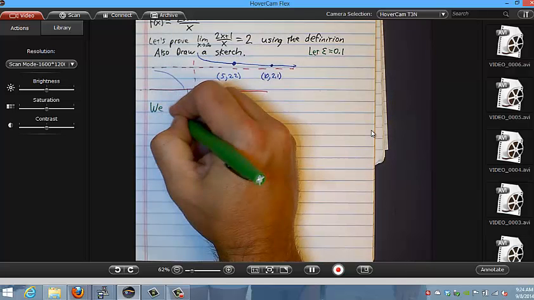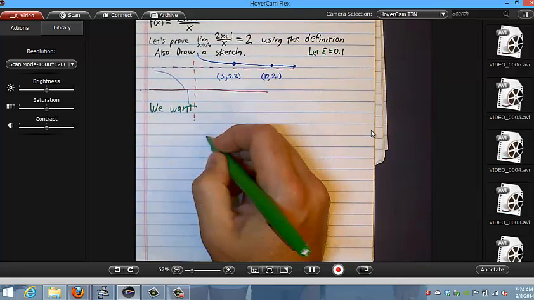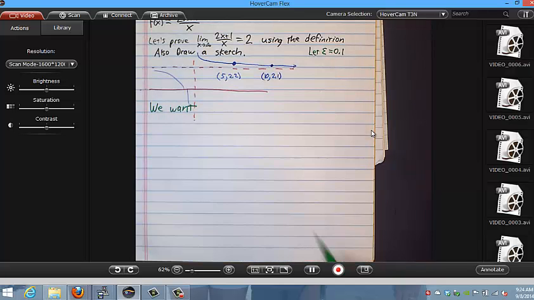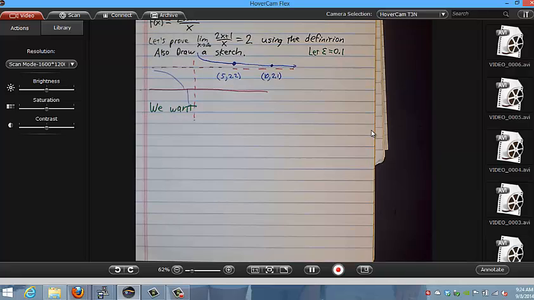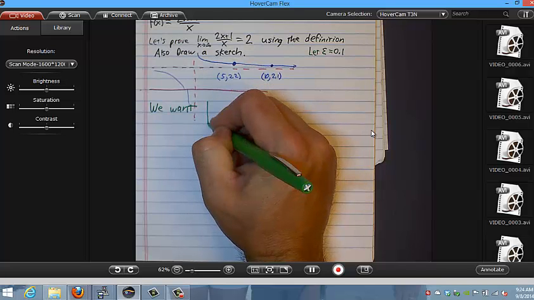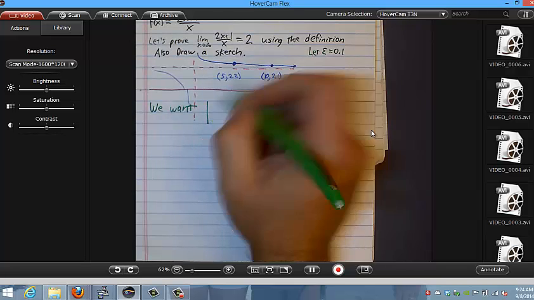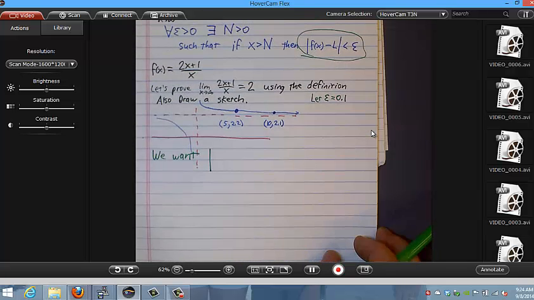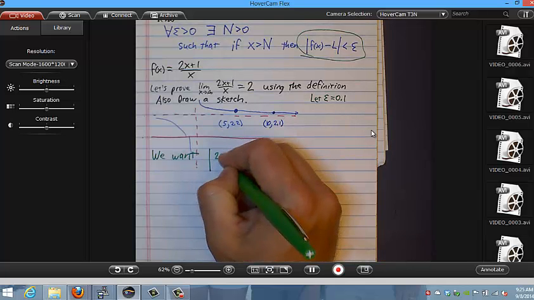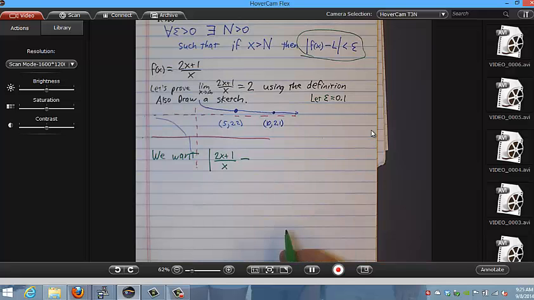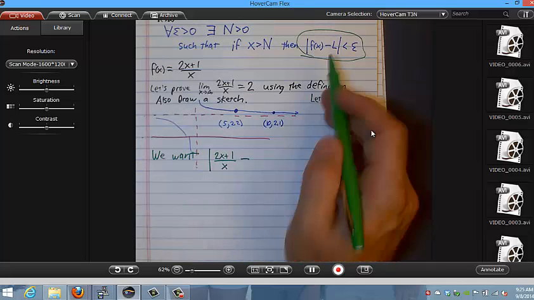We want, and I'll tell you what I'm going to do this time. I'm going to use the language of the book. You might like this. We want the absolute value, and it says f of x over here. So that's 2x plus 1 over x minus, and what do we want for L? 2.